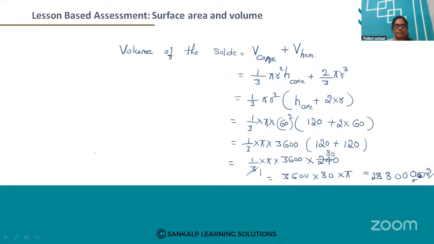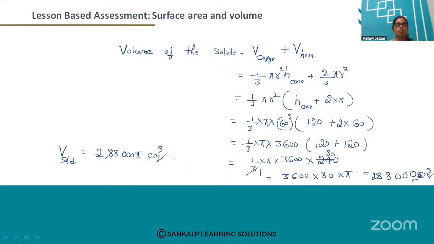I will write here this volume of solid is equal to 288,000 pi centimeter cube. So this is the volume of the solid. So now find the volume of the water left in the cylinder.